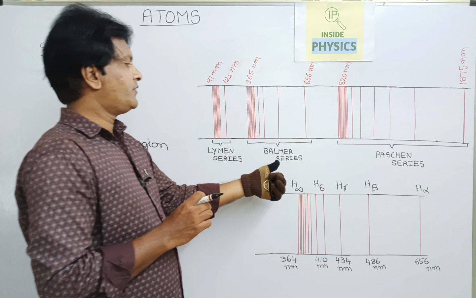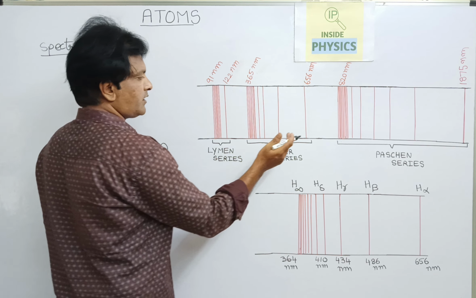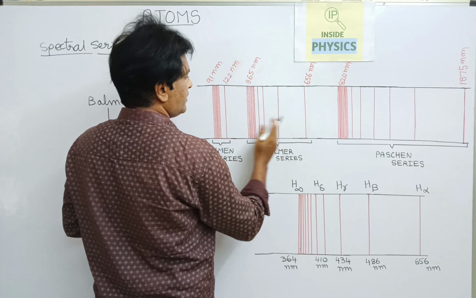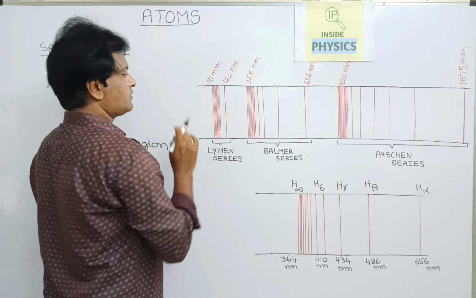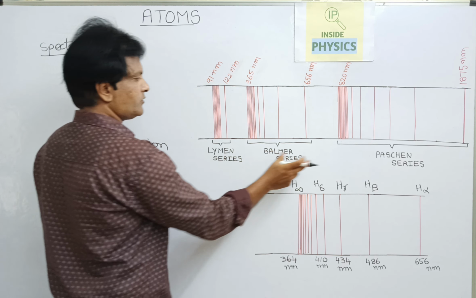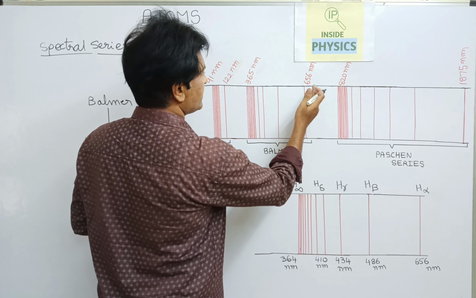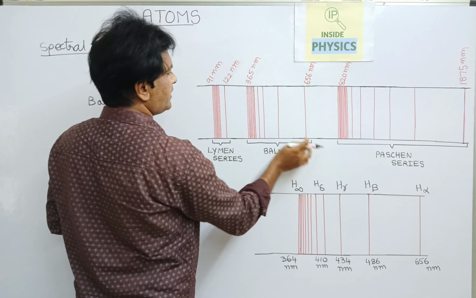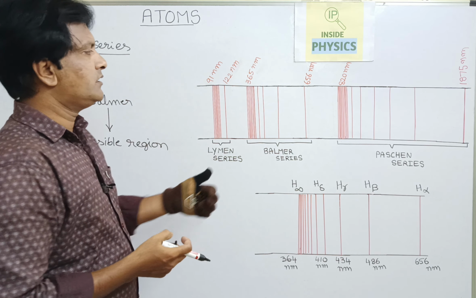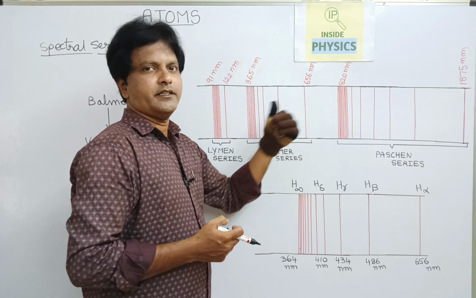It is named after the scientist, and you can see there is an upper limit and a lower limit in a particular series, a highest wavelength and a lowest wavelength for every series. In the Balmer series, this is 656 nanometers, the highest wavelength, which belongs to red.